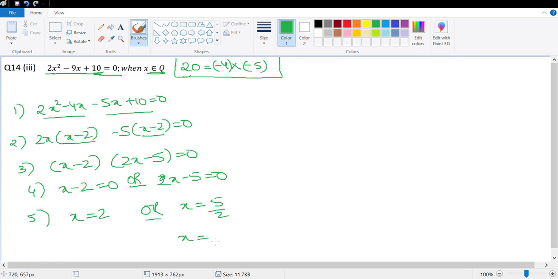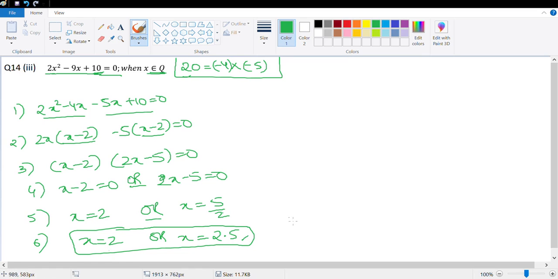So this is x is equal to 2.5, or x is equal to 2. Now since the question says it is a rational number, both options are possible, 5 by 2 or 2, or you could also write it as 2.5. You could also write this as 2, 1 upon 2, whichever way is convenient for you. Good, let's look at the next one.